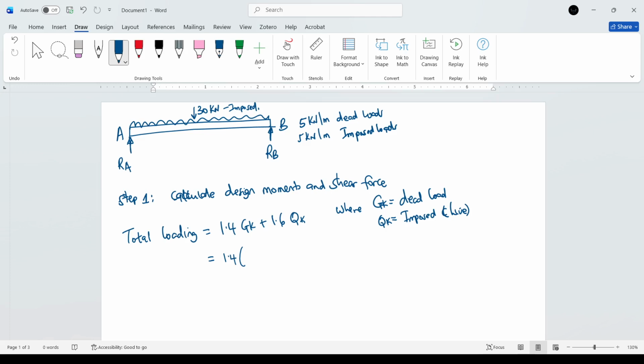Okay. So GK dead loads, so we'll have 5. What's the span? 10 meters. The span is 10 meters. So the loading as a result of the dead loads will be 5 multiplied by 10. We are converting it, isn't it? Yes. Plus 1.6 into imposed loads. So we'll have 30 plus still 5 multiplied by 10.